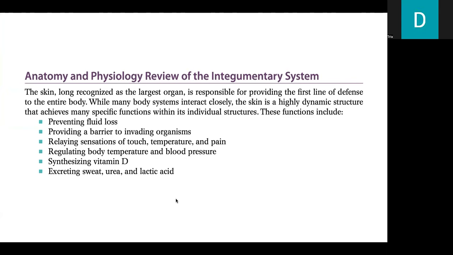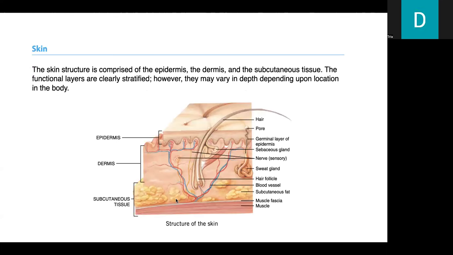These functions include preventing fluid loss, providing a barrier to invading organisms, relaying sensations of touch, temperature, and pain, regulating body temperature and blood pressure, synthesizing vitamin D, and excreting sweat, urea, and lactic acid.